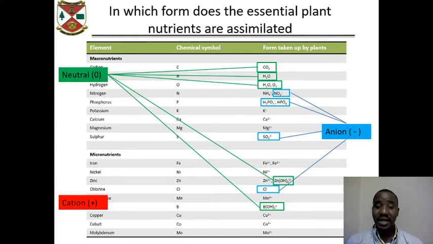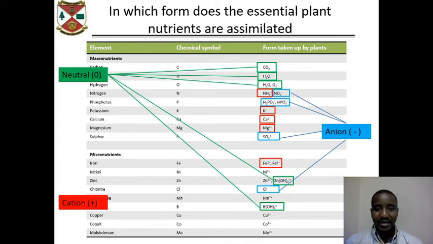Now let us look at the cations or positively charged ions. Ammonium is a cation. Potassium ion is a cation because it carries a positive charge. Calcium is a cation. Magnesium is a cation. Iron has both ion species, that is Fe2 plus, which is ferrous, whereas Fe3 plus is ferric.